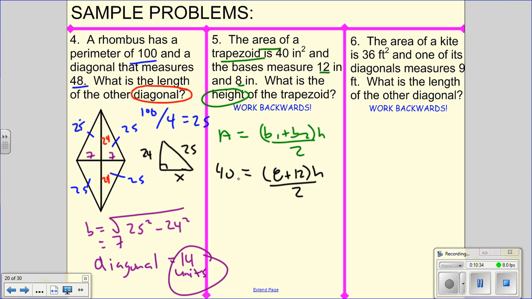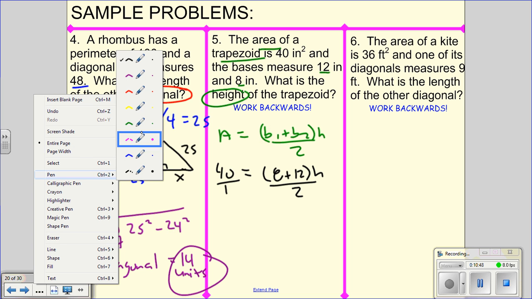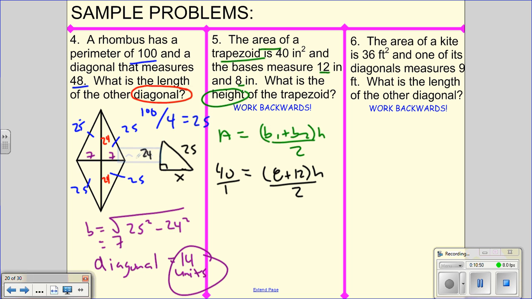What I would do is put 40 over 1, so it looks like a proportion, and cross multiply. So you would get 2 times 40, which is 80, is equal to 8 plus 12 times h.